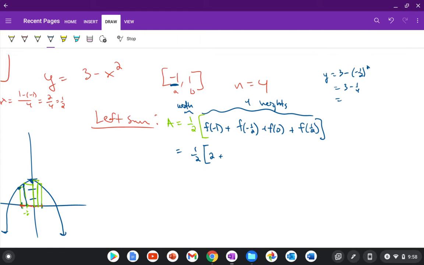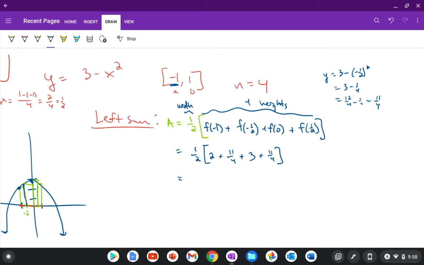You want to change 3 into fourths, which is 12/4. So 12/4 minus 1/4, which is 11/4. You should be able to do that computation on your own without a calculator. The AP test will expect that you can do that. So we got 11/4 plus f of 0 is just going to be 3, plus f of 1/2 is going to give you the same answer, 11/4.